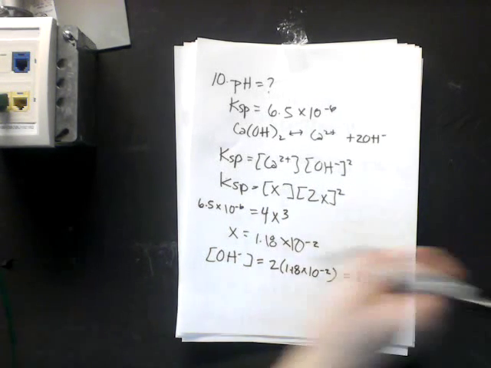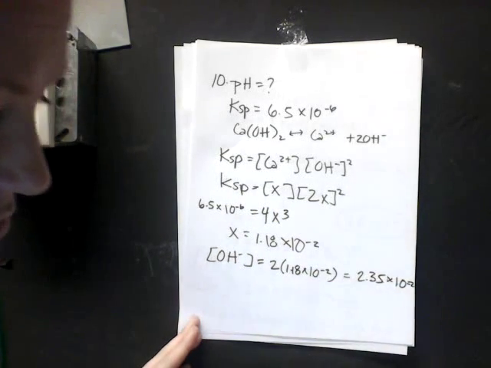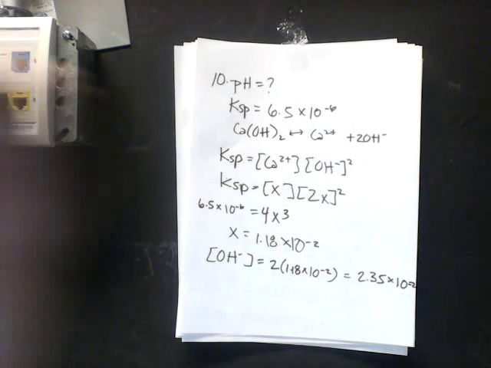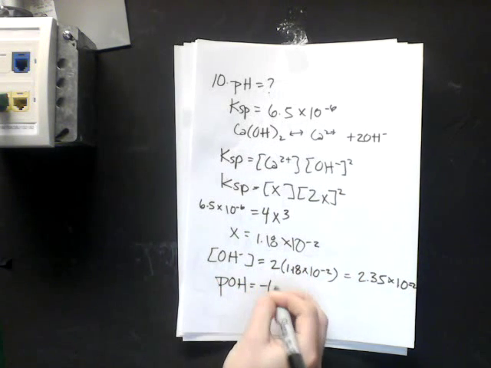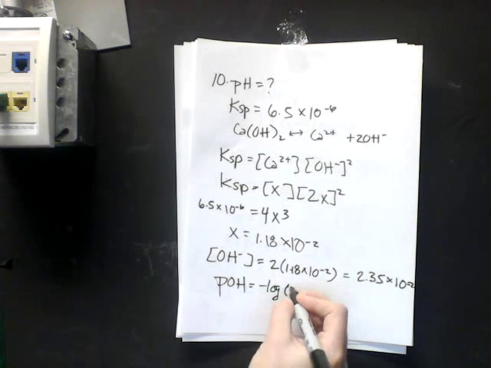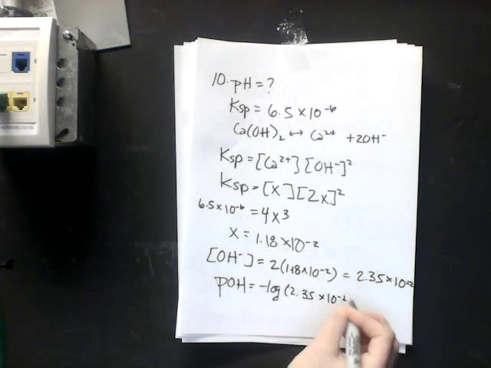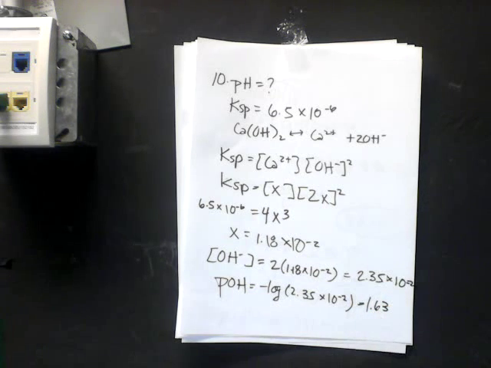Now that I have my concentration of OH as this, now I can say negative log. POH is equal to negative log 2.35 times 10 to the negative 2, which equals 1.63.